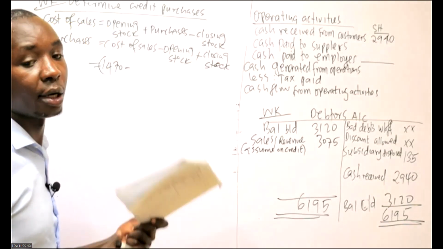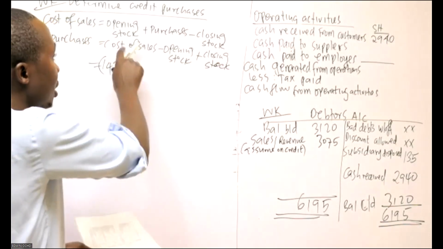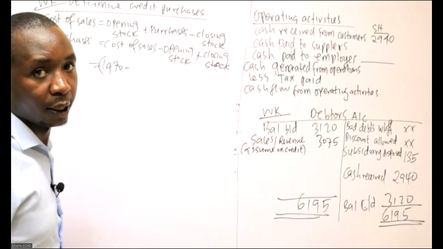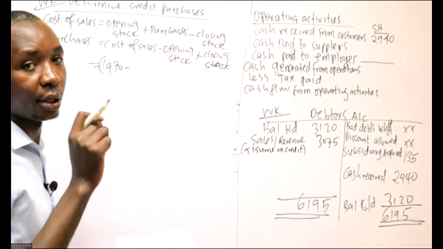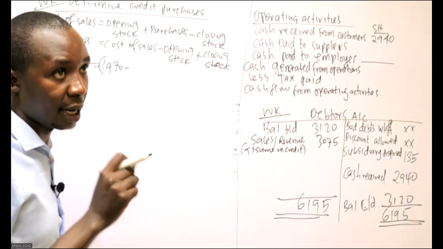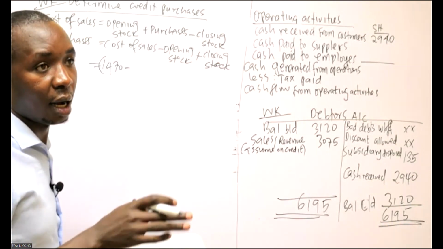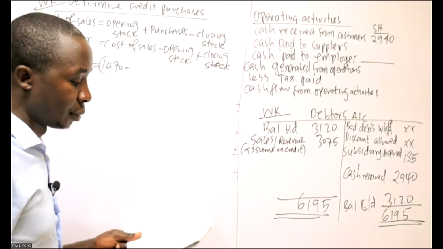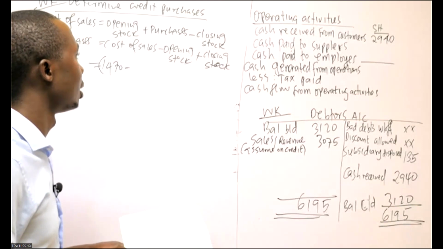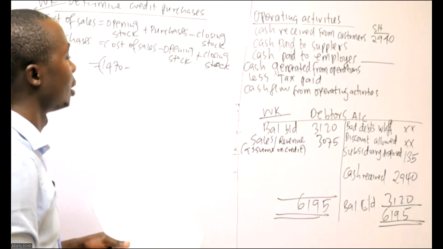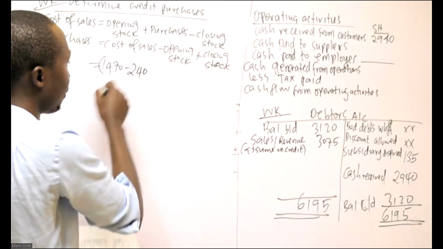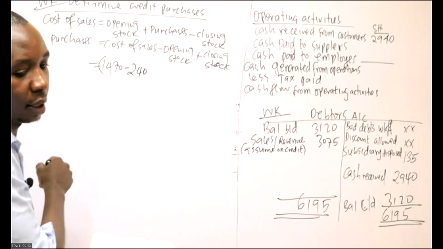So cost of sales is obviously inclusive of some expenses which are supposed to be deducted. Expenses like depreciation and loss on disposal are obviously included here. You know it from published accounts, that depreciation and loss on disposal are included under the cost of sales, unless otherwise told. So we already did the two. We are provided with depreciation of 240, which is obviously included here. We minus it.